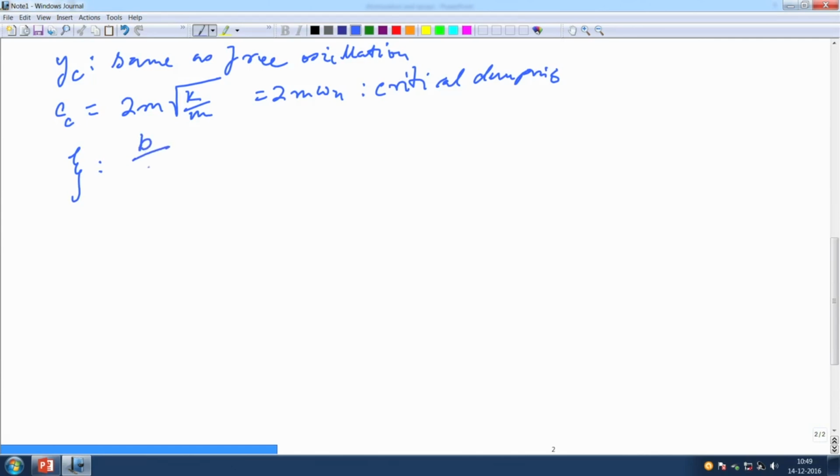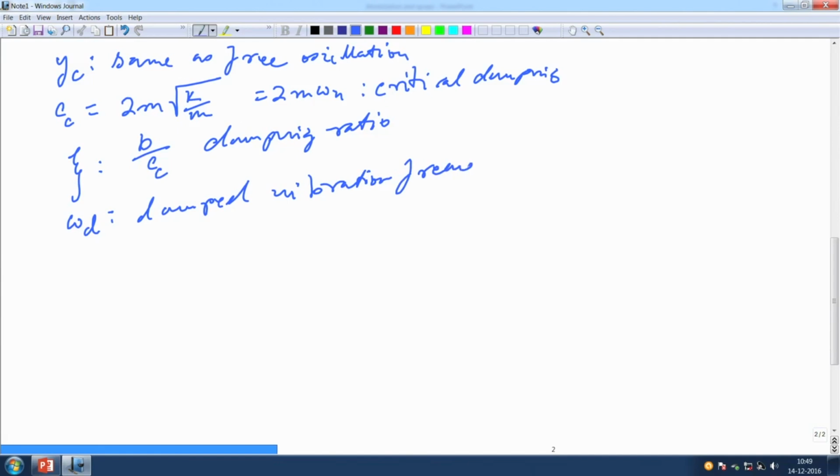Damping ratio is basically B by Cc. And then there is something called the damped vibration frequency, which is given as square root of 1 minus zeta squared into omega n, right.